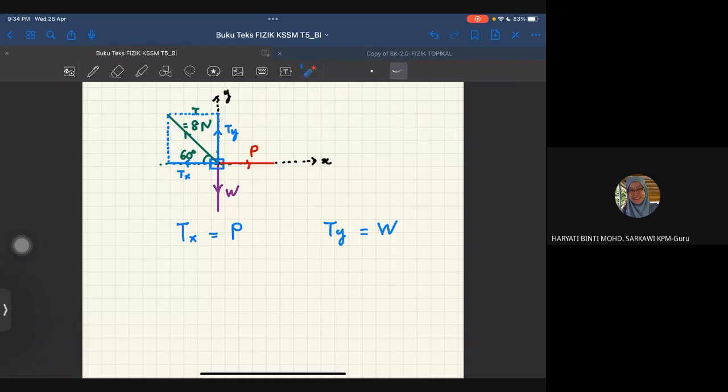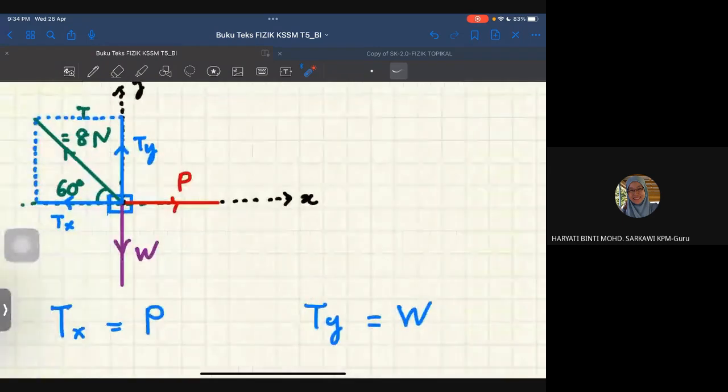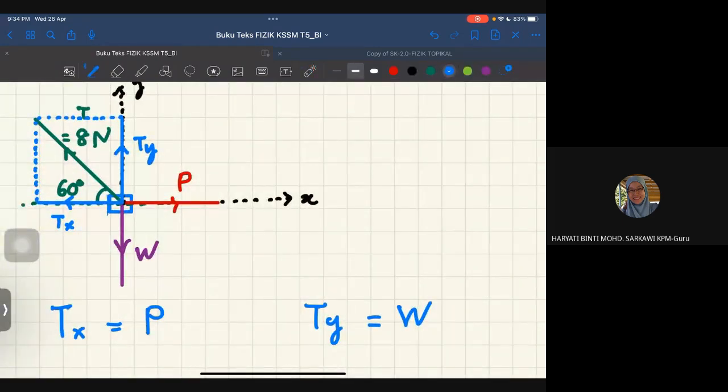If you still remember, when we learned in chapter 1.1, let's say we have two boys pulling, okay, so there is a flag. When they pull with the same magnitude, let's say this is 10 Newton, here 10 Newton, the flag will not be moving to the left or to the right.